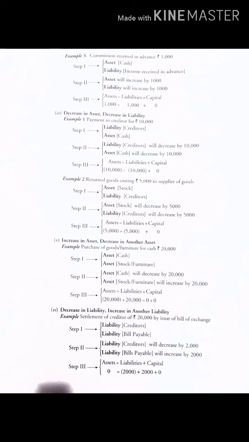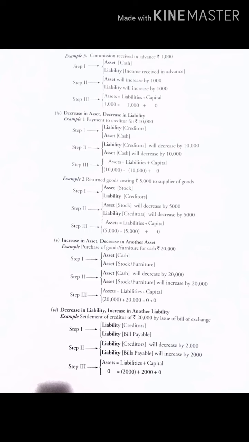Now what kind of effect? What I have done, I have purchased. Purchase means cash is going from me. Fine, so cash is going, that is cash is reduced. Now what is increasing? What is coming to me? Stock, goods are coming, or you can say furniture, whatever I have purchased, right? So whatever I have purchased, that means asset is increased. Again I'll check my variable.